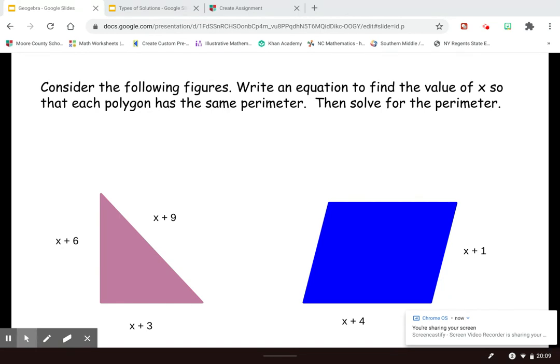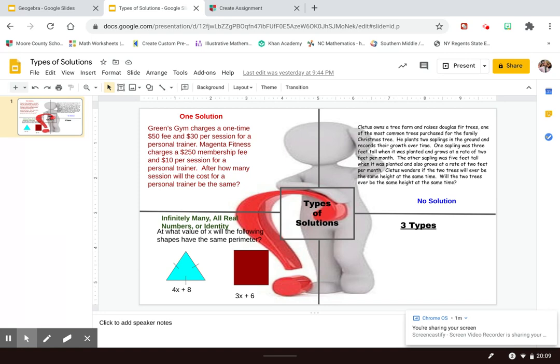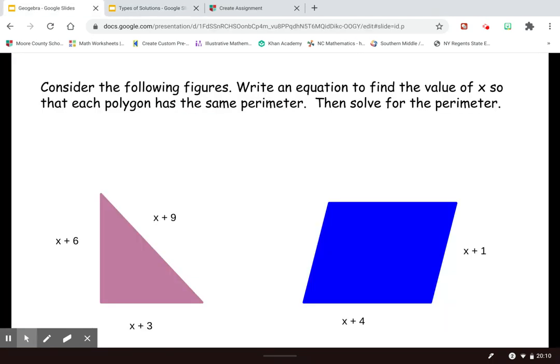Okay, so the last thing we're going to do in this equations unit is learn how to apply multi-step equations to geometry. And so you sort of got a preview of this yesterday when we did our problem about types of solutions at the bottom left-hand side with the two shapes and finding the perimeter for those shapes. And what we're doing today is going to basically be the same thing.